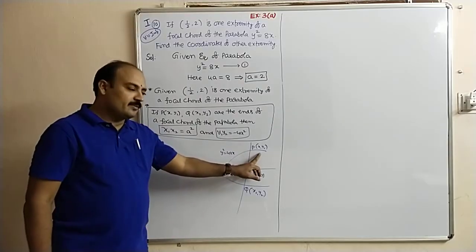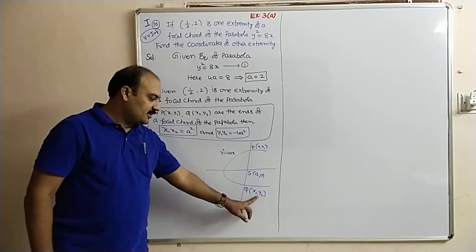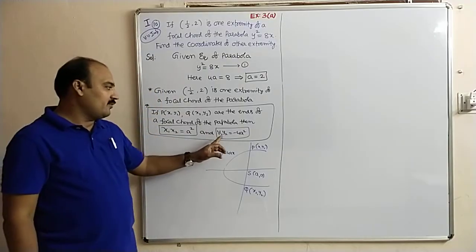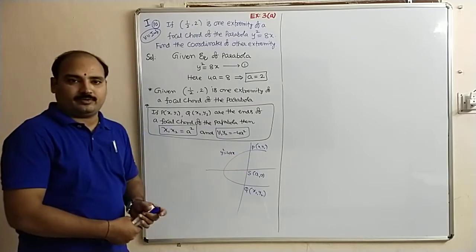So whenever one extremity of the focal chord is (x1, y1), the other extremity is (x2, y2), by taking the help of these formulas: x1 x2 equal to a square and y1 y2 equal to minus 4a square.